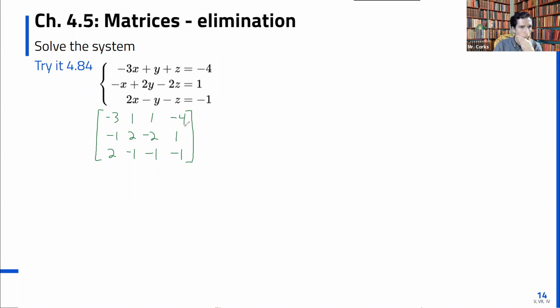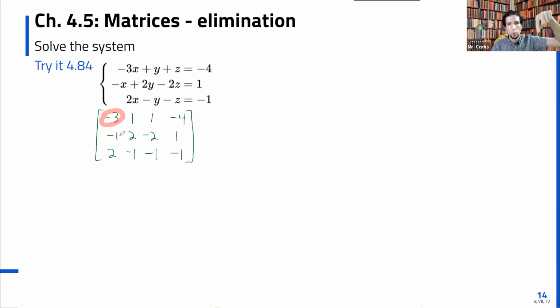For R1, to change the -3 to -1 or 1. Switch the places of row 1 and row 2. All right, so we can just swap row 1 and row 2 because it's very nice to have a 1 or -1 in this position.